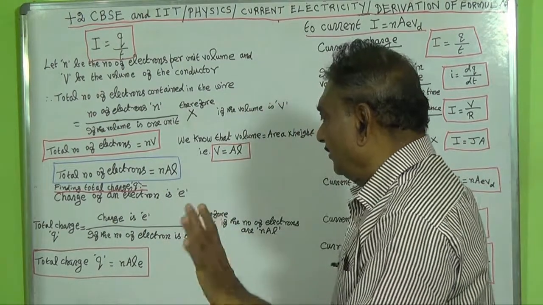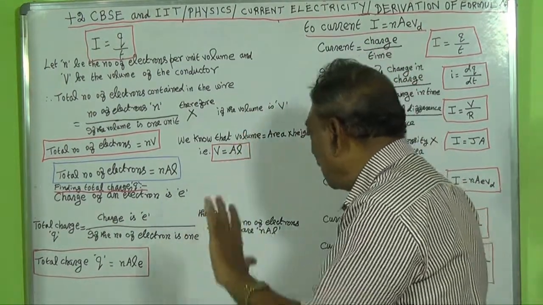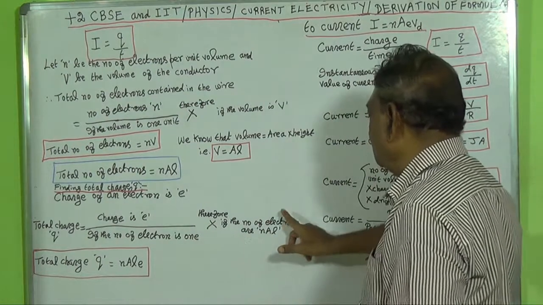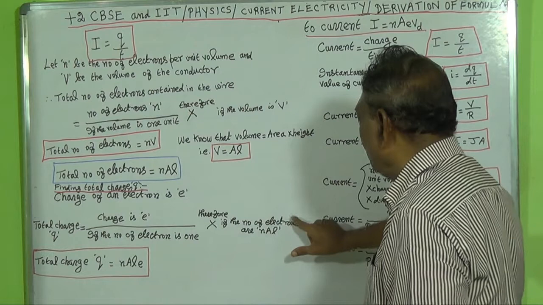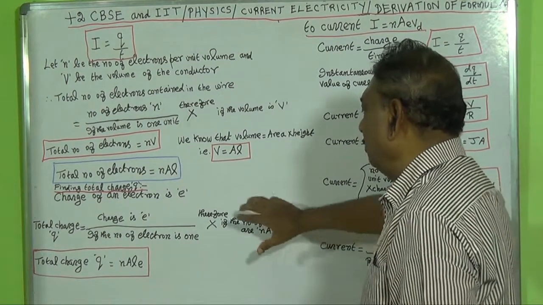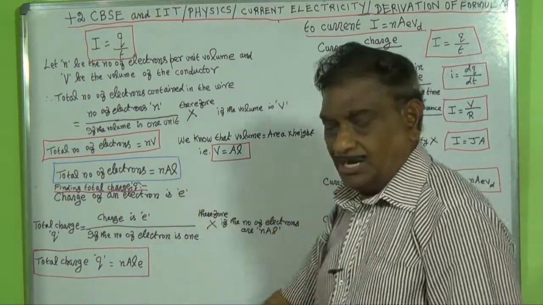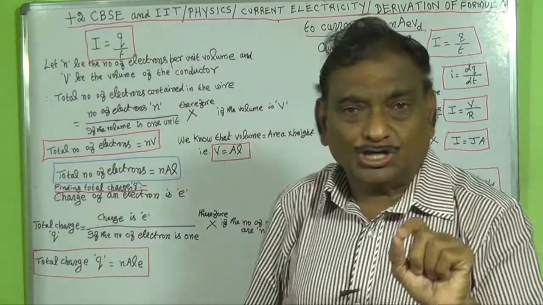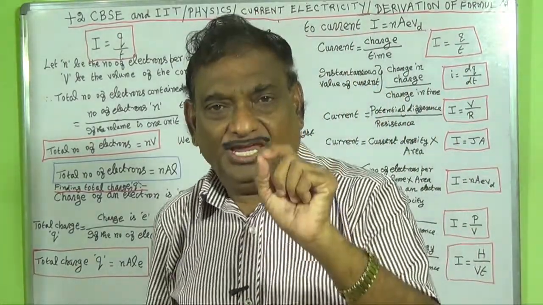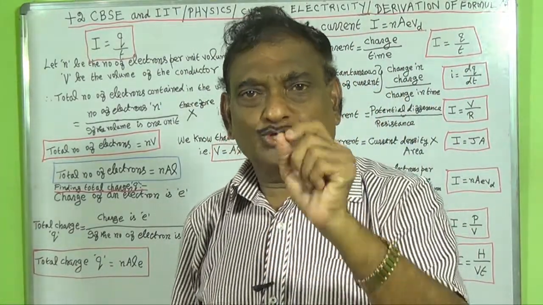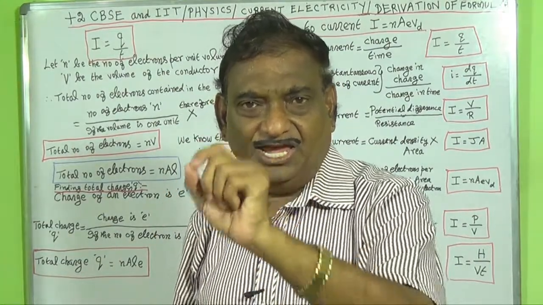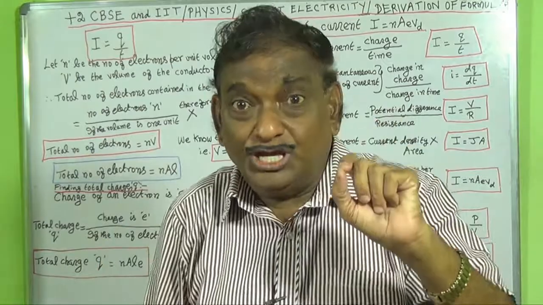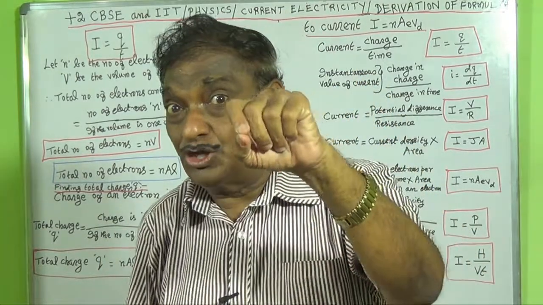But here, the number of electrons is not 1. The number of electrons is taken as nAL. Therefore, we will get the formula for the total charge Q equal to n A l e, that is nAle. We have got the equation for the total charge Q.